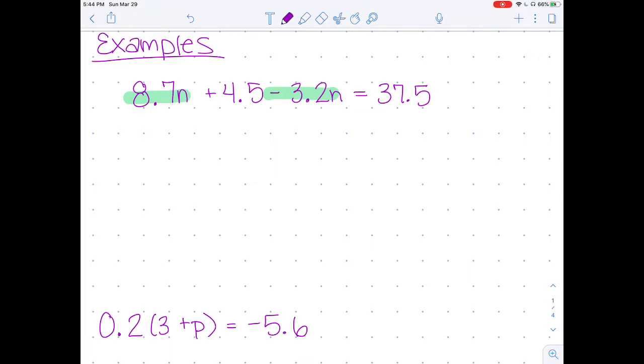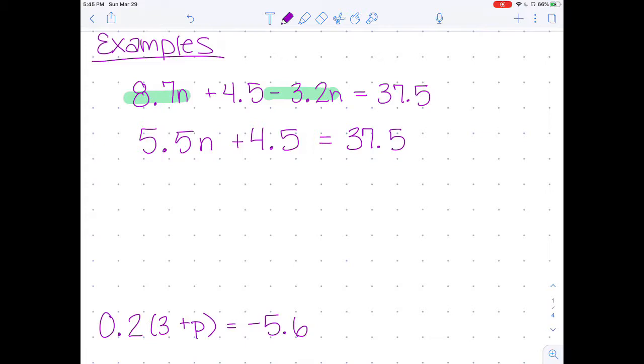So we can combine those. So 8.7 minus 3.2 is going to get us 5.5n. And then we didn't change anything about this plus 4.5. We didn't have anything to combine it with, and we didn't change anything on the other side. So we can say equals 37.5.